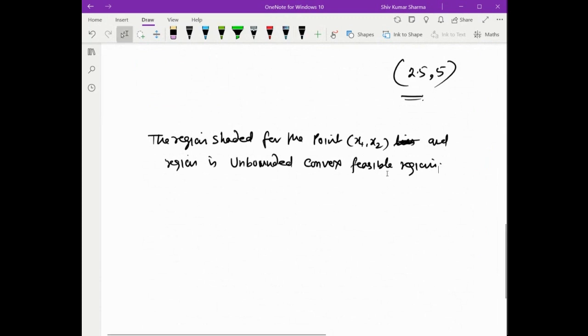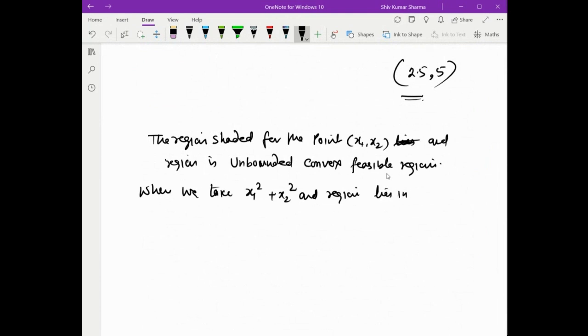So when we take x1 square plus x2 square, and the region lies in the convex region. That means x1 square plus x2 square. So this represents the circle.